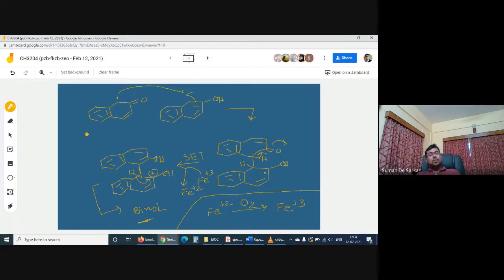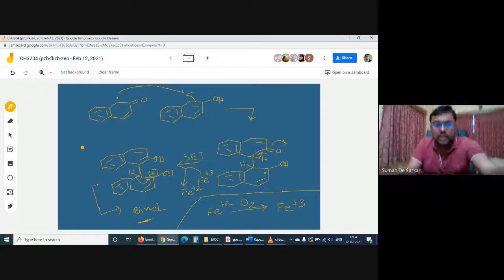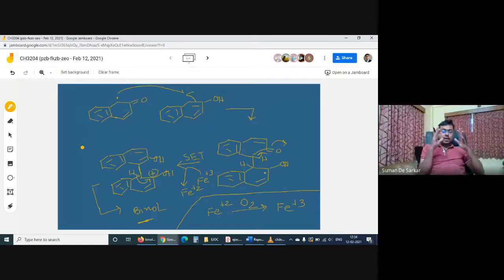You can explain this simply by the aromatic energy of benzene and naphthalene. The aromatic energy of benzene is 36 kilocalorie per mole, and the aromatic energy of naphthalene is 61. It's not exactly double, it's a bit less.